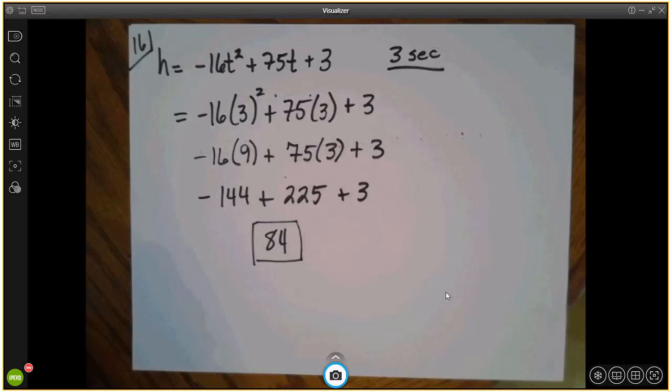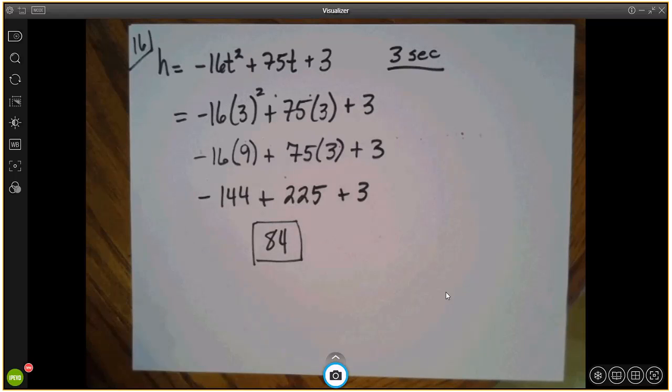And they give you 3 seconds. They want to know how far the ball goes up in the air at 3 seconds. 0 being when you kick the ball, and 3 seconds being from the time you kick the ball. And it's given by this formula, negative 16t squared plus 75t plus 3.